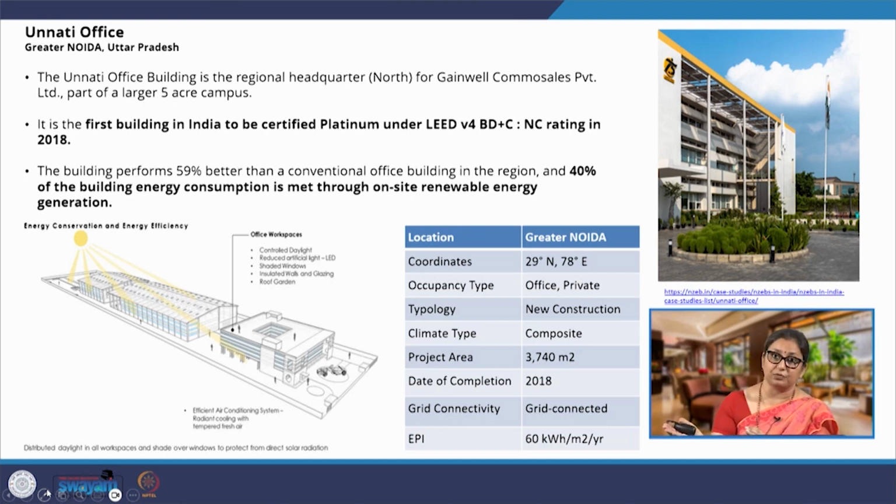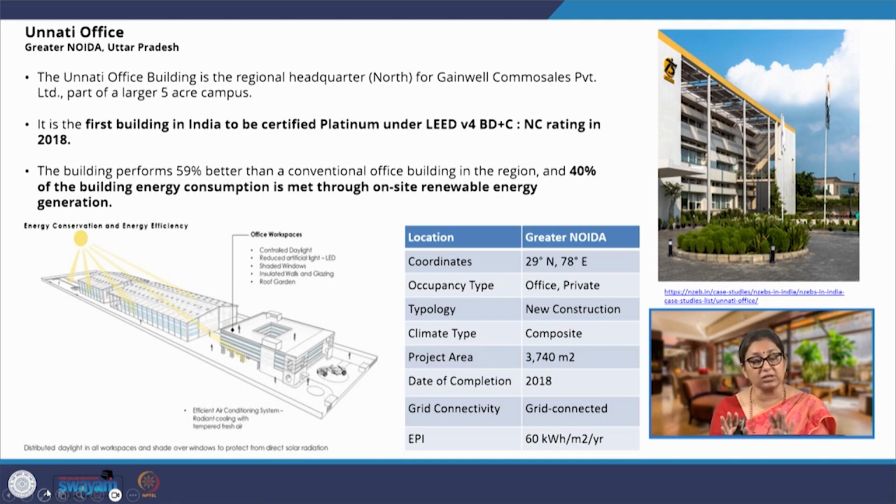The second part is that once we have reduced the energy consumption and made the building highly energy efficient, we generate energy on site and use it in this building, so as to further offset the need for taking in electricity from the grid. That is exactly what has been done in Unnati office building, and the majority of net zero energy buildings will have this approach.